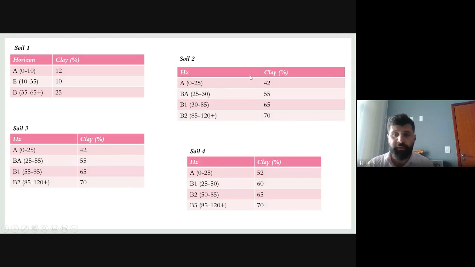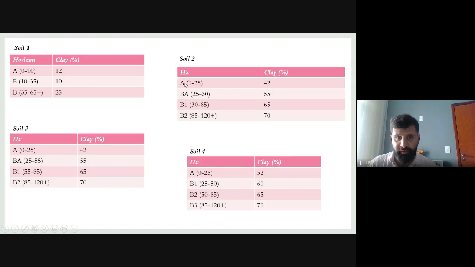Okay, let's see the clay content of each one. The A horizon presents 42% of clay content. The BA 55%, the B1 65%, and B2 70% of clay. Okay, let's see the coarser horizon.